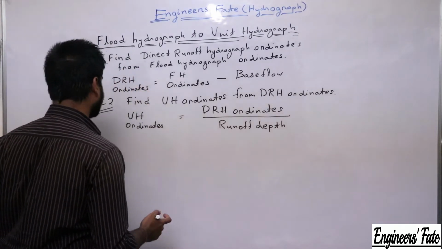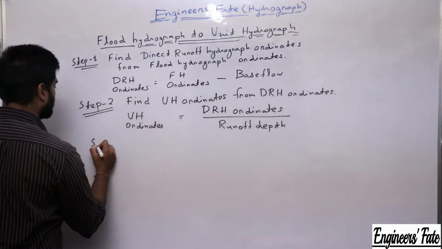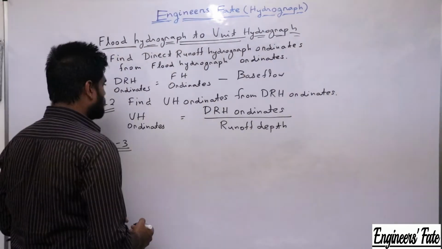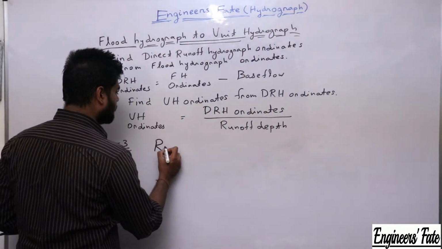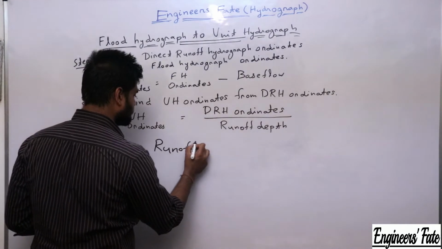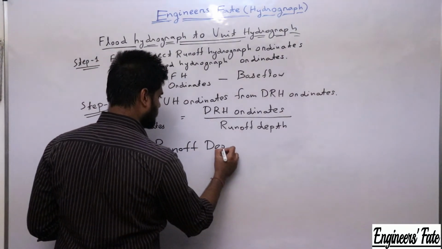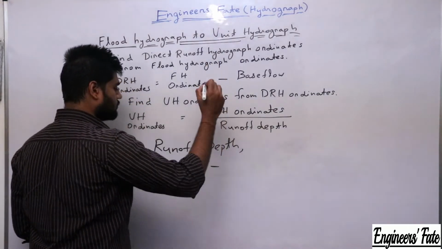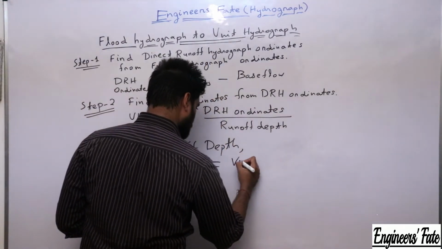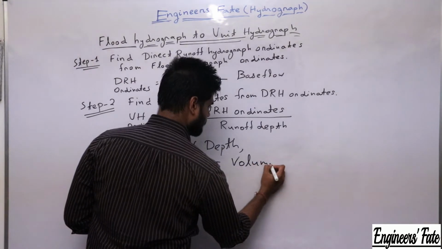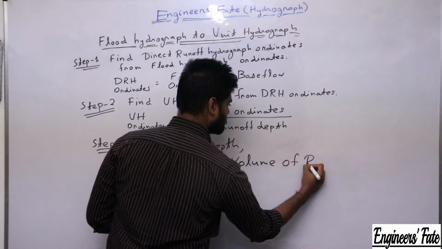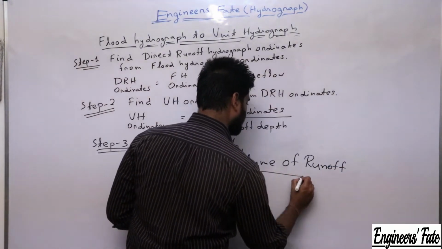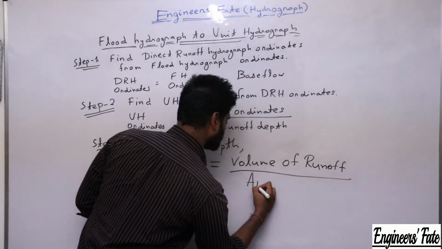The next step: if the value of runoff depth is not given in the question, then I have to find the runoff depth. So runoff depth is R equal to volume of runoff divided by area of catchment.